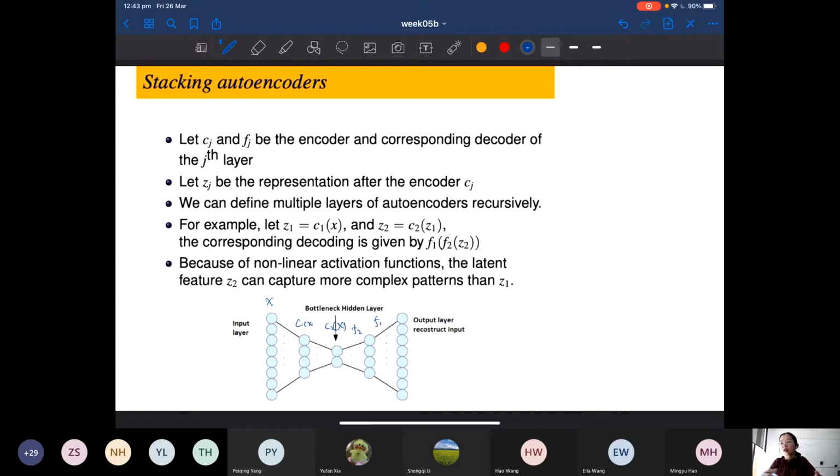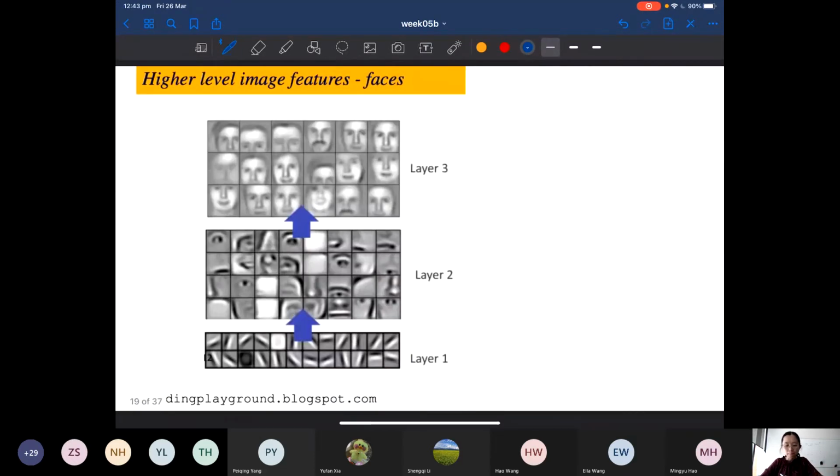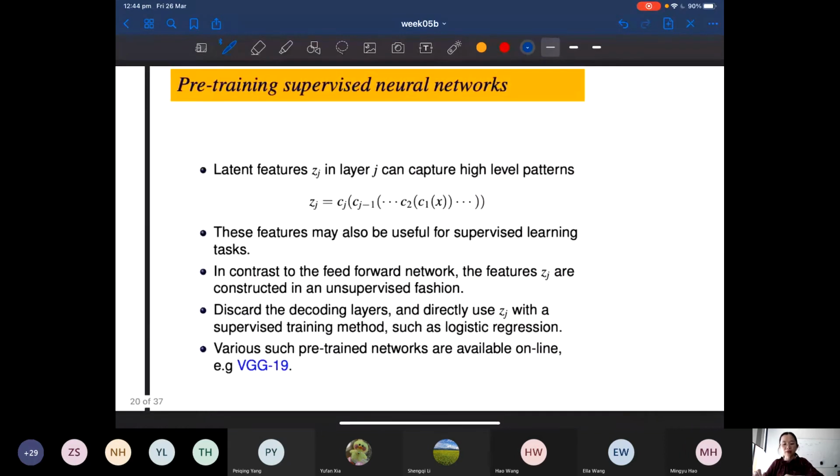We just call this stacking autoencoders. So stacking, going deeper with more layers, is essentially the same concept. Again, if we run this on images, there are visualizations of what the stacked layers learn. We talked about this already: from primitives to parts to objects, in this case, faces.